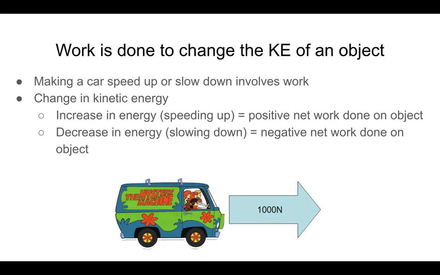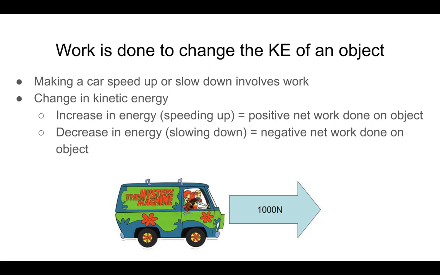Notice how I'm saying net work here for kinetic energy; we'll talk a little bit about this later. We have multiple forces acting on this object. The driver is putting his foot on the gas pedal, therefore the chemical energy in the gas is going to react and cause a force that pushes the car forward. We also have frictional forces within the car that are taking away some of that energy. So in order to speed up, we have to have a positive net work.